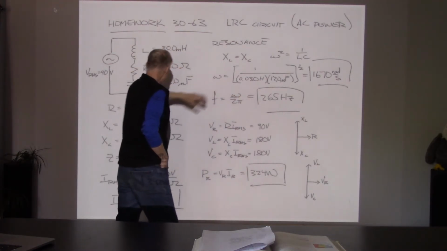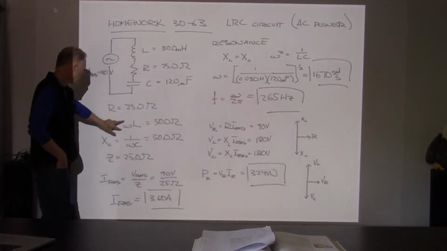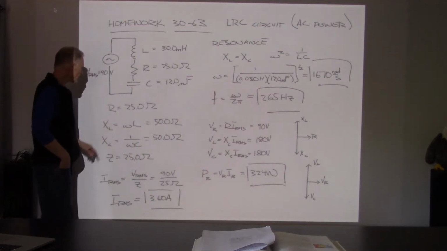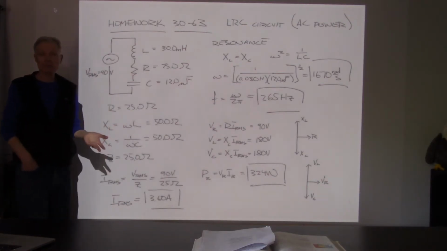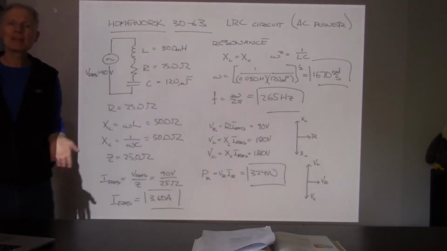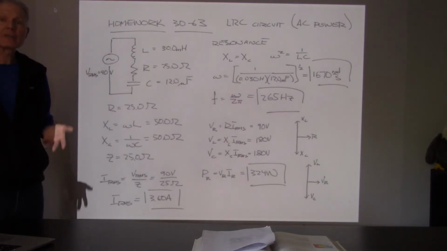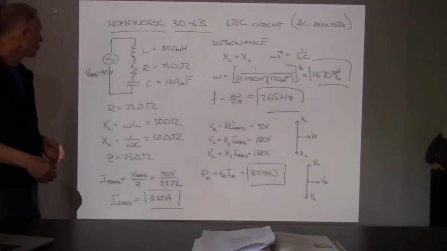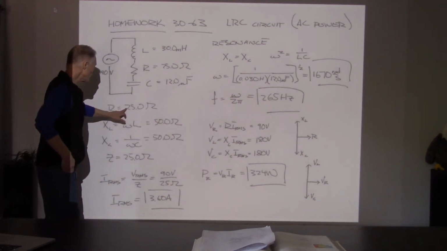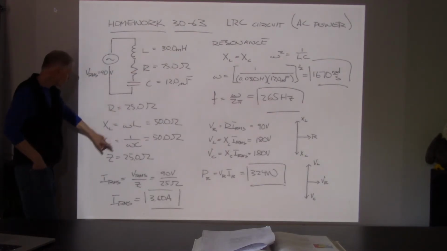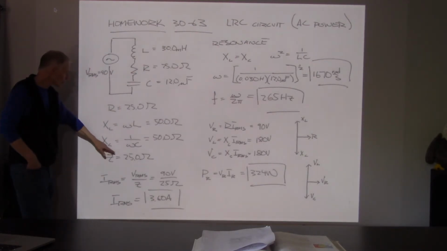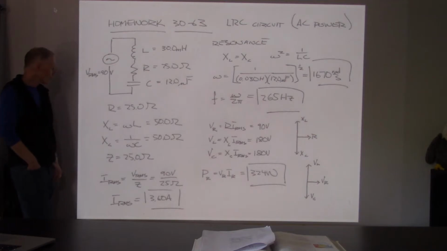If I take this omega value and plug it into my reactance formulas, I get 50 ohms of reactance in my inductor, and 50 ohms of reactance in my capacitor. So those two devices are at 50 ohms. The resistor is at 25. These cancel. And so at resonance, the Z value for this circuit will be 25 ohms.